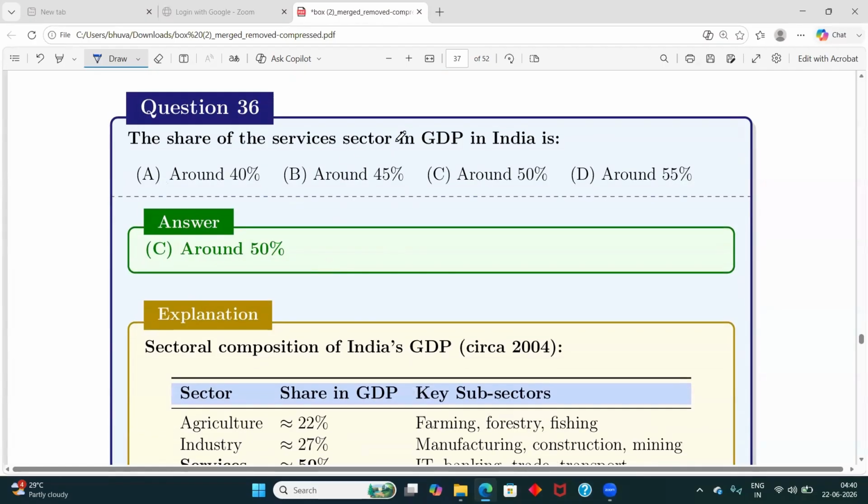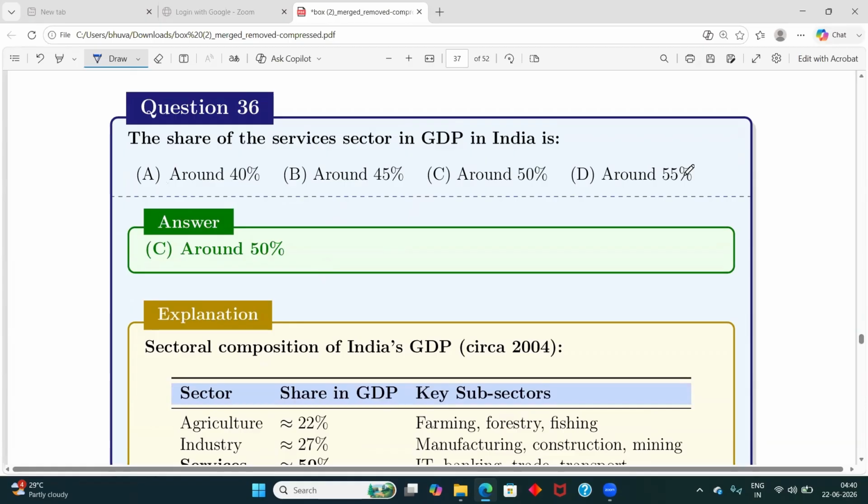The share of services sector in GDP in India: 40%, around 45%, around 50%, around 55%. This question paper is 2004, so this ask around 2003 and 2002 the share of service sector in GDP.